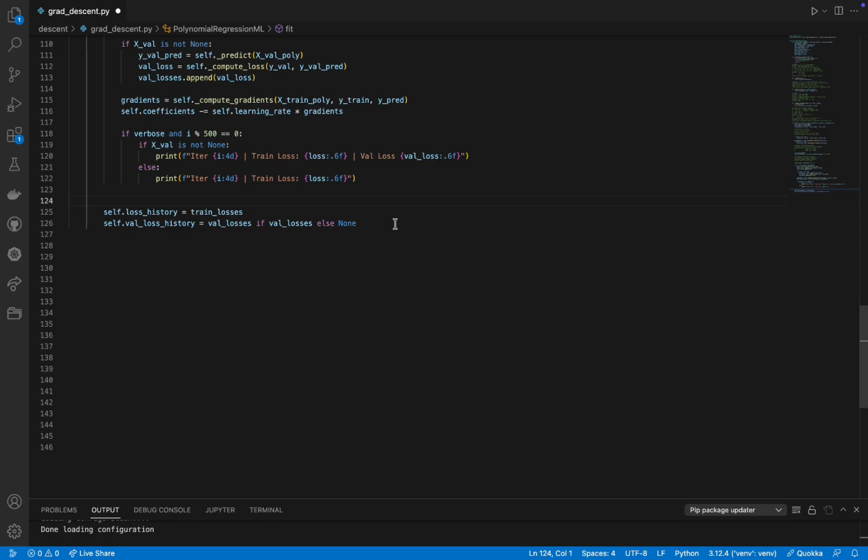These predictions are usually terrible at first, so the loss is very high, maybe any number. So we compute gradients which tell us how to improve, and then we update coefficients by taking a small step in the direction that reduces loss. In iteration 500, we make new predictions with our updated coefficients.